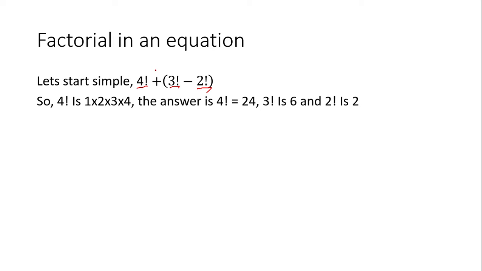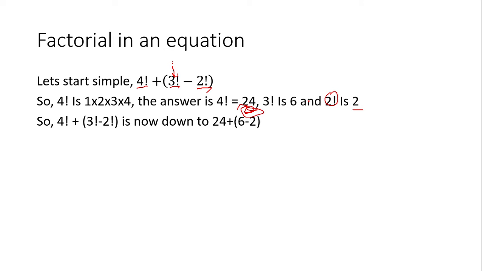In BODMAS we usually work out brackets first, but I'm just going to simplify these numbers down. 4 factorial is 1 times 2 times 3 times 4, so it is 24. 3 factorial is 6, and 2 factorial is 2, because it's 1 times 2.